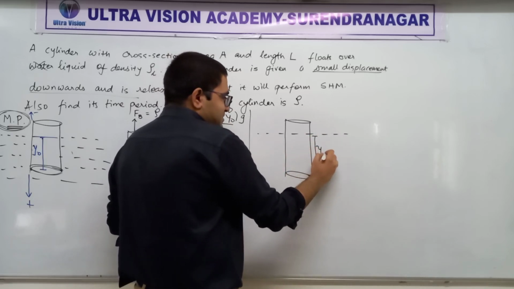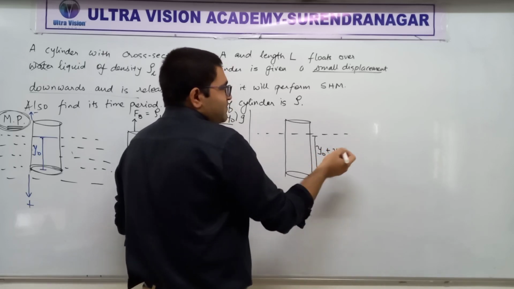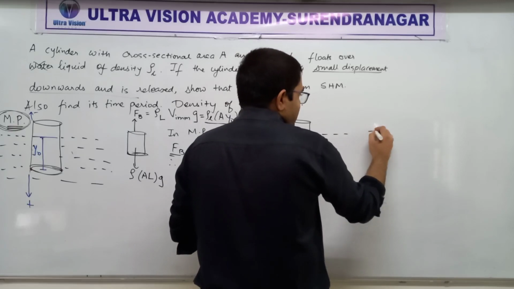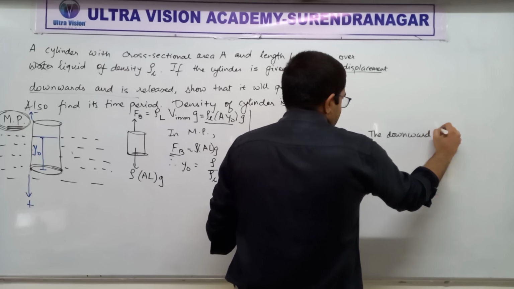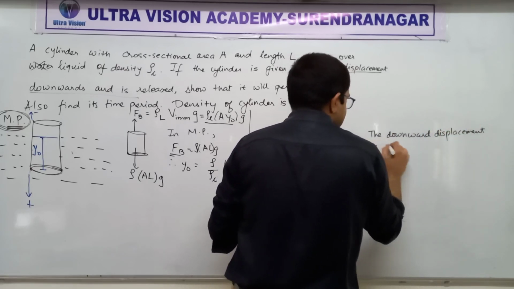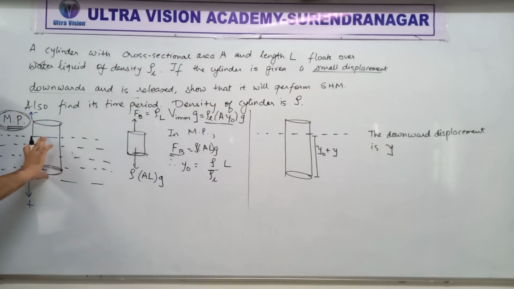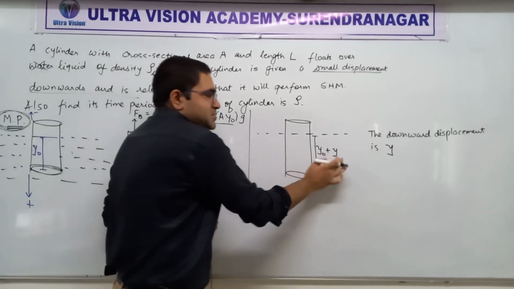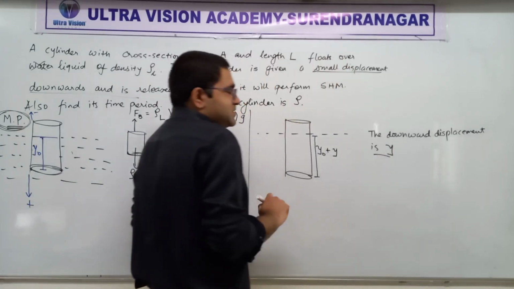It will be Y0 plus Y. So if I am saying that the downward displacement is Y, then earlier, let's say 10 centimeter was inside, you push this inside by 1 centimeter, so now you will have 10 plus 1, that is 11 centimeter inside. Clear? So downward displacement is Y.